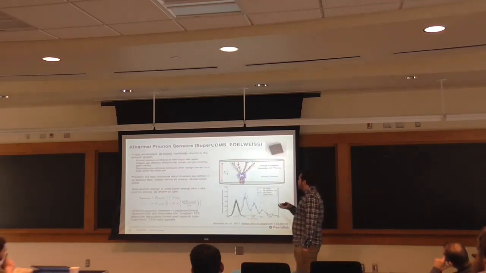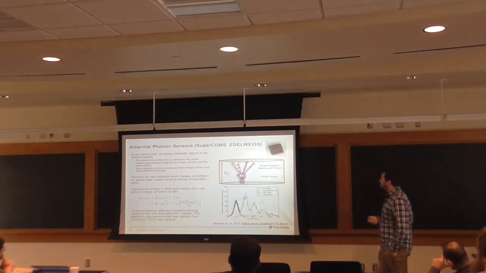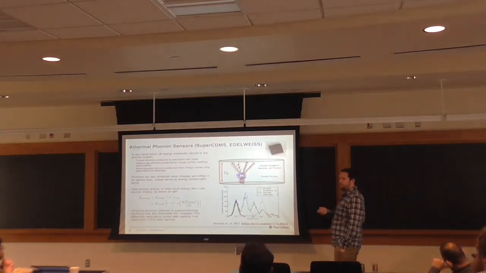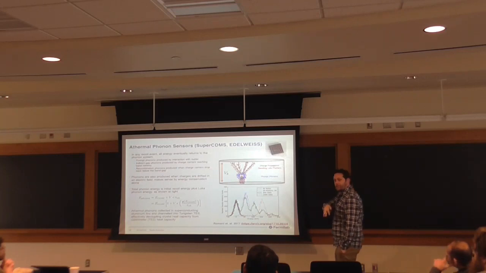The other technique, so this is the one I work on, is to use athermal phonon sensors. So SuperCDMS, we've demonstrated this a few times, including most recently we put a paper on the archive on Sunday, with actually a few people here on that, Nader and Rupak.